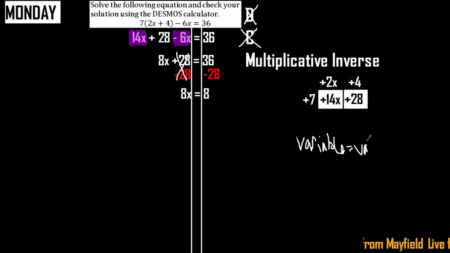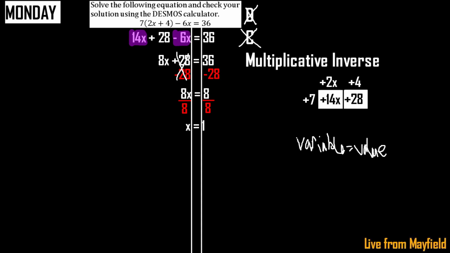I know that's poorly written, but as long as you're understanding that idea, you're all right. So we're just trying to get 1x equals a value. Well, since our coefficient is 8, that's what we divide by. So you always divide both sides by the coefficient. So we divide both sides by 8, and we end up with 1x equals 1.